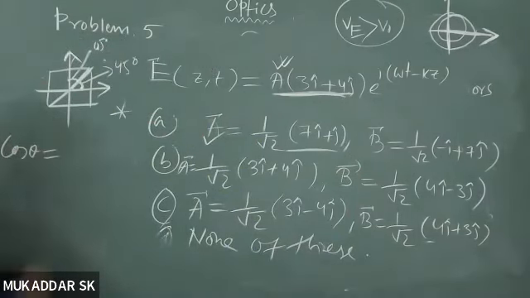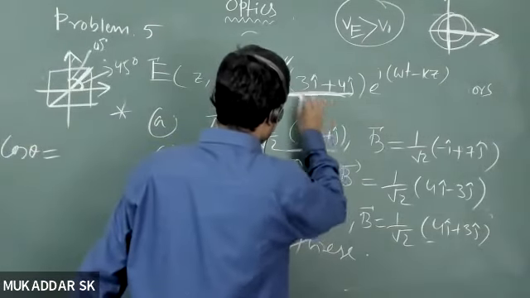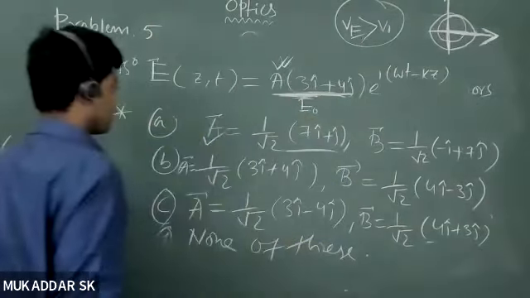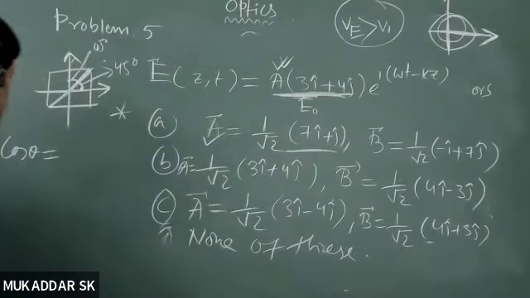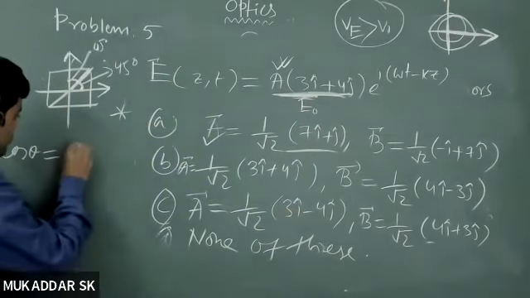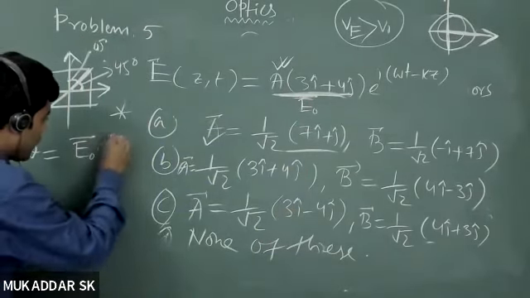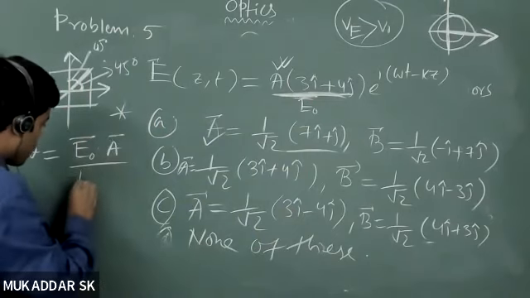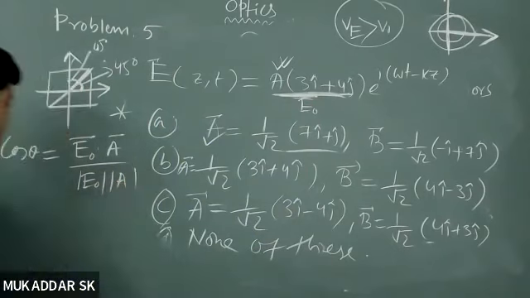So I know this formula. Cosine theta is nothing but what? So let us take this as E naught. This is E naught vector. So angle between this vector and this vector, how will we calculate? So cosine theta is nothing but E naught dot A divided by mod E naught mod A. That's how we used to calculate that angle between two vectors, right? ठीक है.